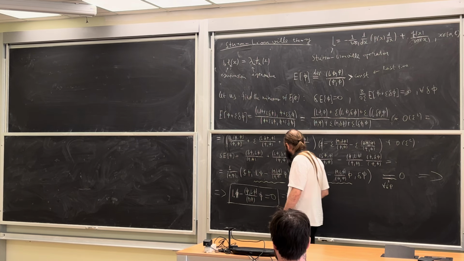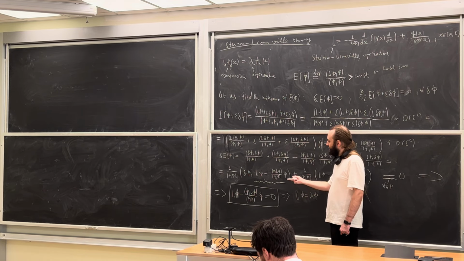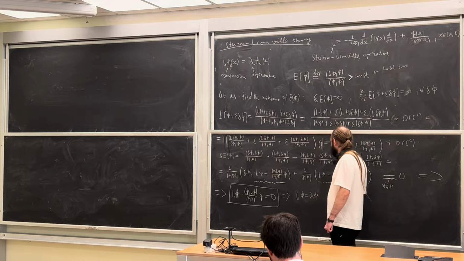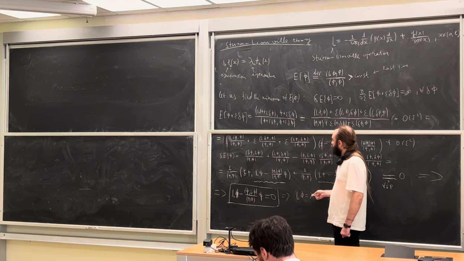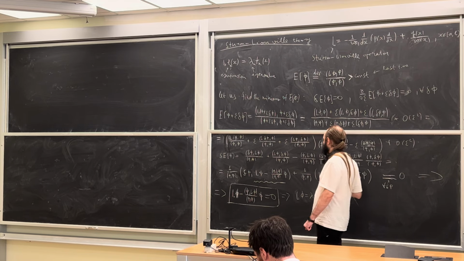So it is a way to formulate this eigenvalue problem like this without specifying that there is some lambda. So the solution of this equation gives us this lambda. So we can identify this phi with the first eigenfunction.